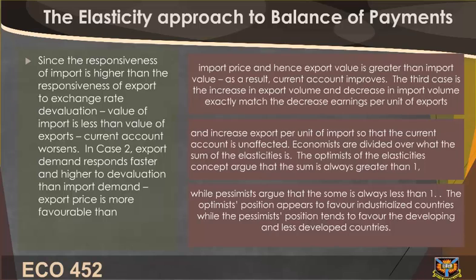Economists are divided over what the sum of the elasticities is. The optimists of the elasticities concept argue that the sum is always greater than 1, while pessimists argue that the sum is always less than 1. The optimist position appears to favor industrialized countries, while the pessimist position tends to favor the developing and less developed countries.